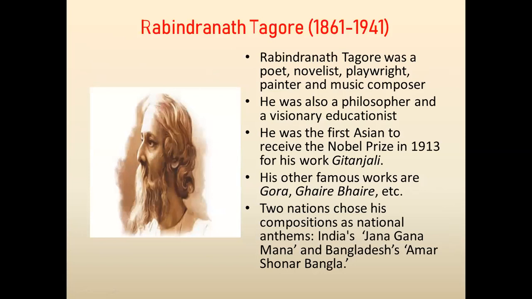He was the first Asian to receive the Nobel Prize in 1913 for his work Gitanjali, which is a collection of poems. His other famous works are Gora, Ghare Bhare, etc. It's very significant that two nations chose his compositions as national anthems. These two countries are India and Bangladesh. India's Jana Gana Mana and Bangladesh's Amar Shonar Bangla are the national anthems which were based on his compositions.